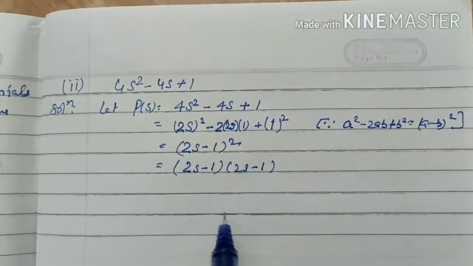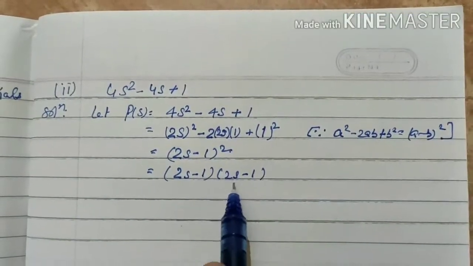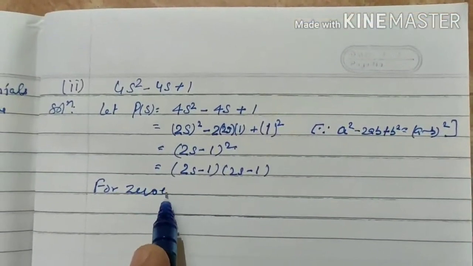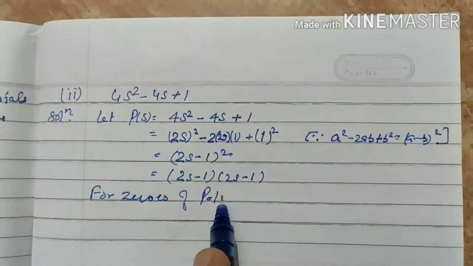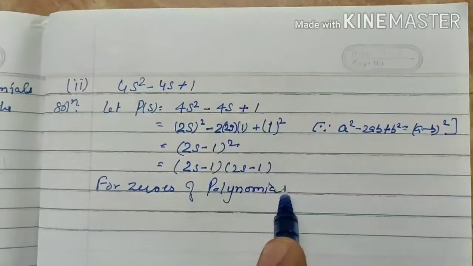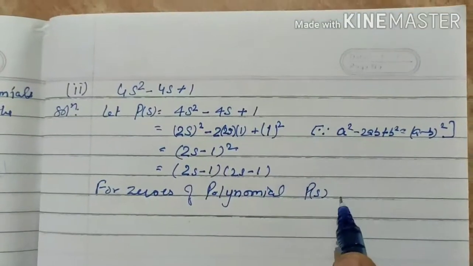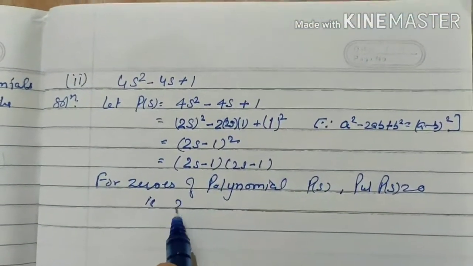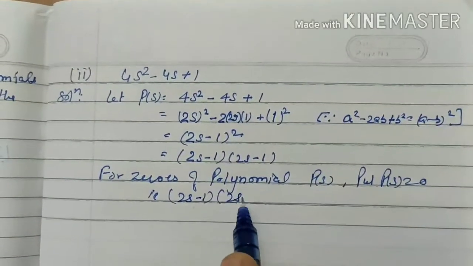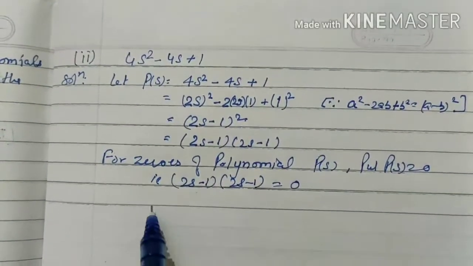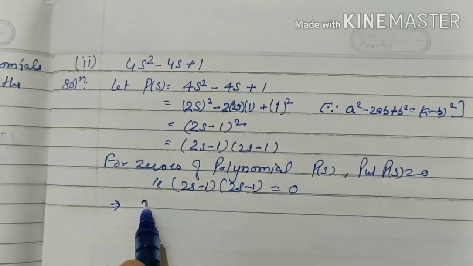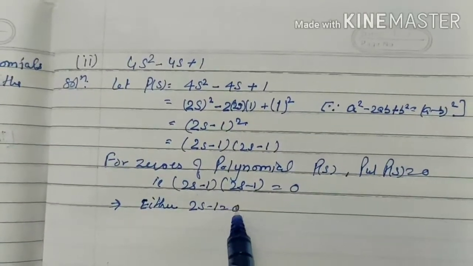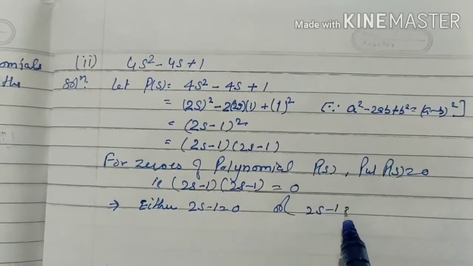So this is another method: (2s minus 1)(2s minus 1). Now for zeros of polynomial p(s), put p(s) equals 0, that is (2s minus 1)(2s minus 1) equals 0, implies either 2s minus 1 equals 0 or 2s minus 1 equals 0.